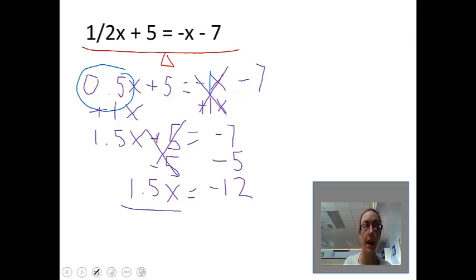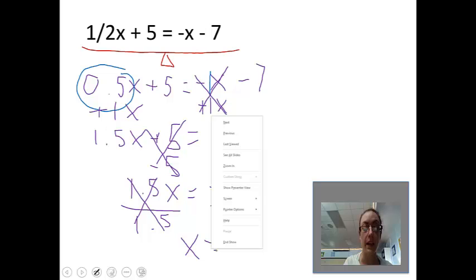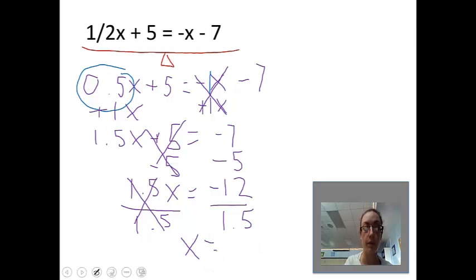And then I have to divide 1.5 on both sides. These cancel. Now when I put this into my calculator, I'm going to make sure that I'm putting my negative 12 first, and then dividing by 1.5. And I get x equals negative 8.